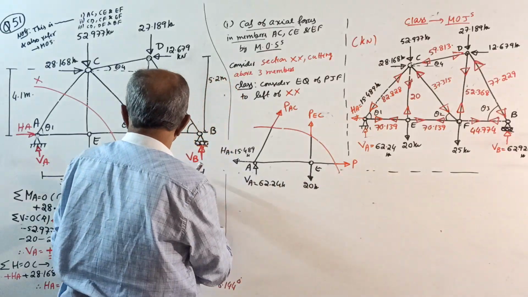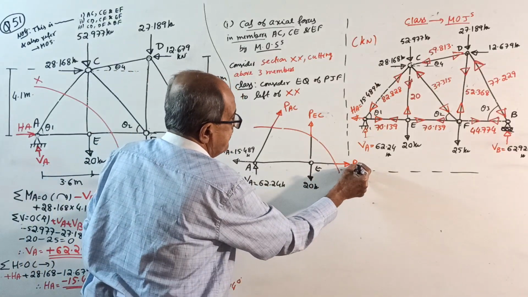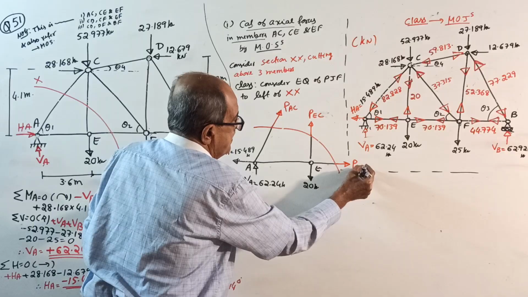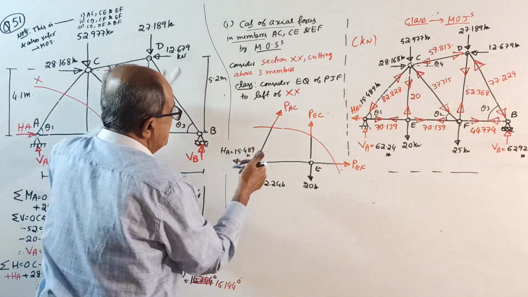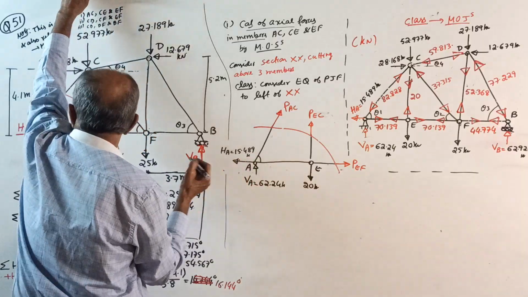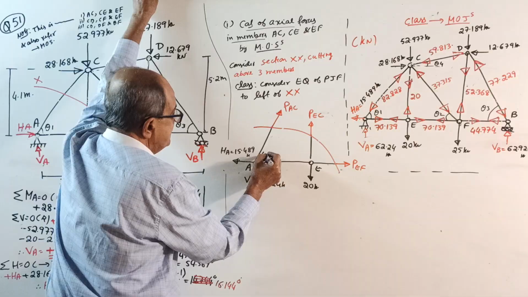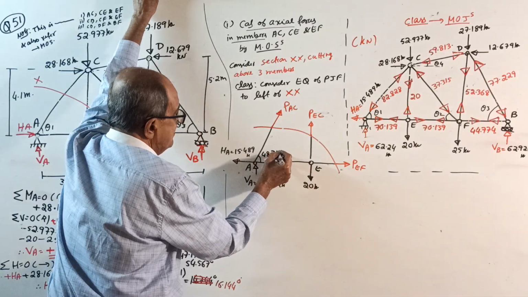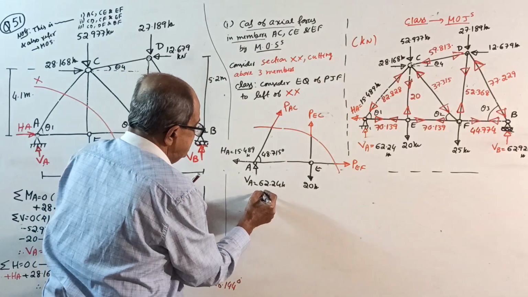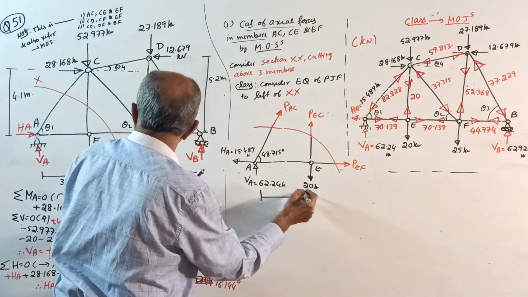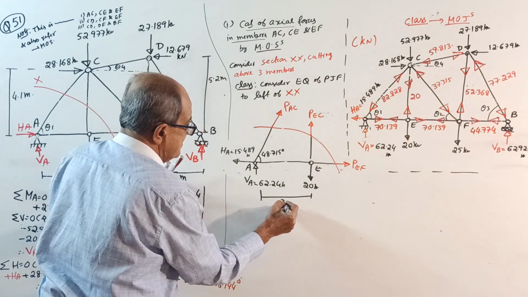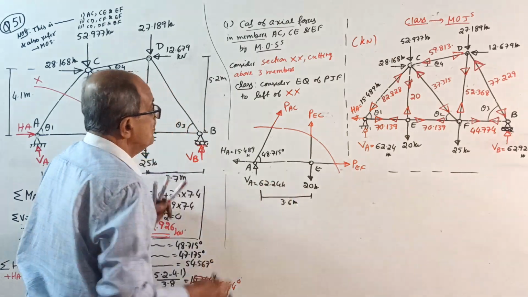Now for this member, angle required. How much is the angle? Theta 1 is 48.715 degrees. This distance required: 3.6 meter. Okay, this is ready now.